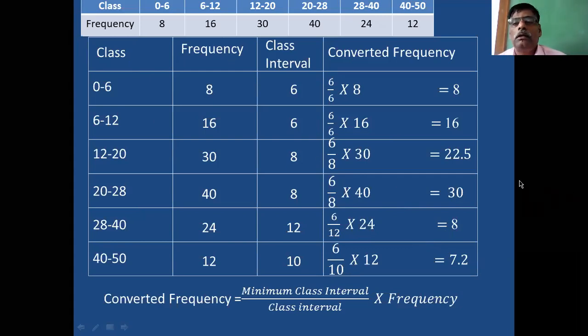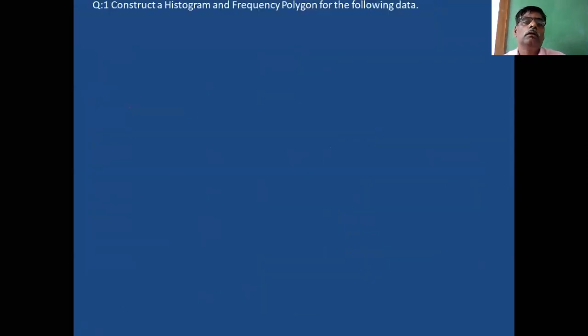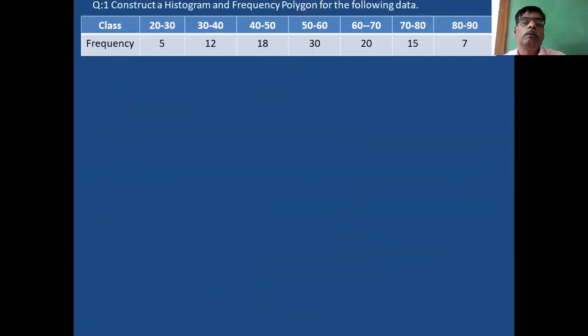And here you have to consider these frequencies. The highest frequency is 30 here. You consider this column, not the actual column. And the class interval is as they have given. Okay. Histogram and frequency polygon.